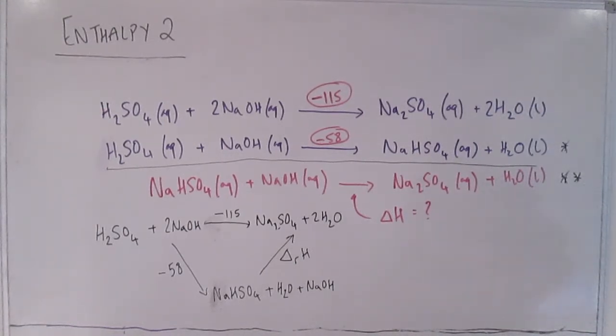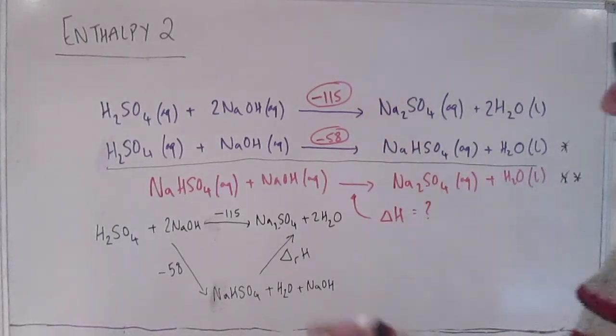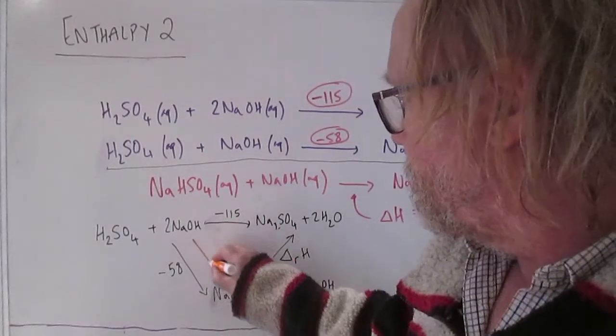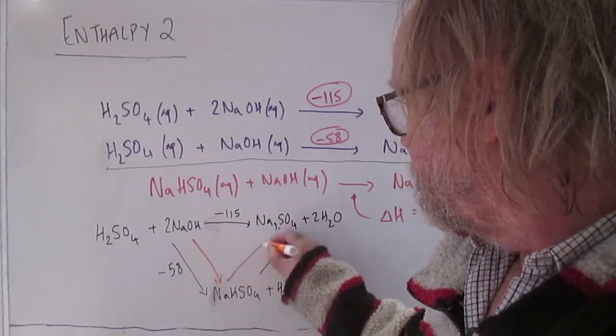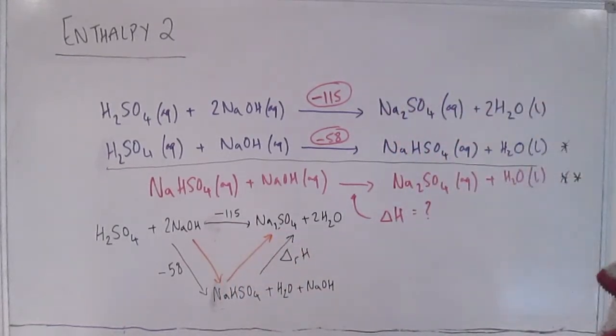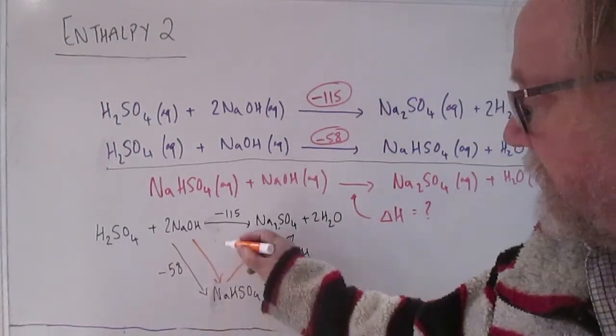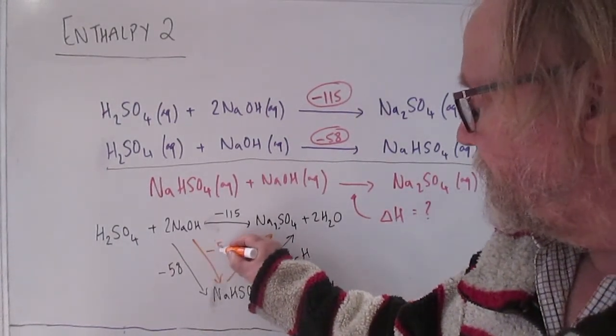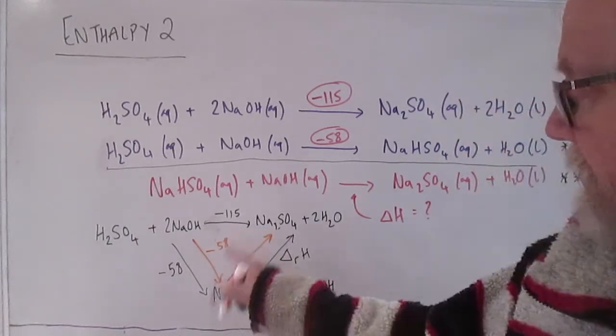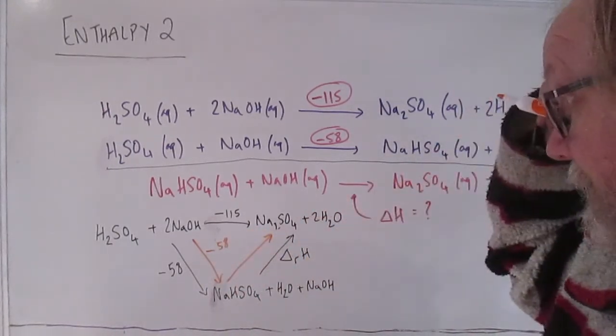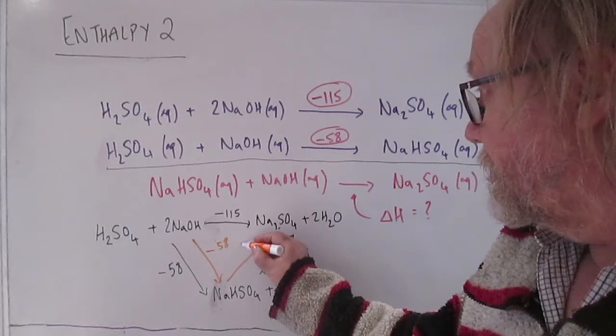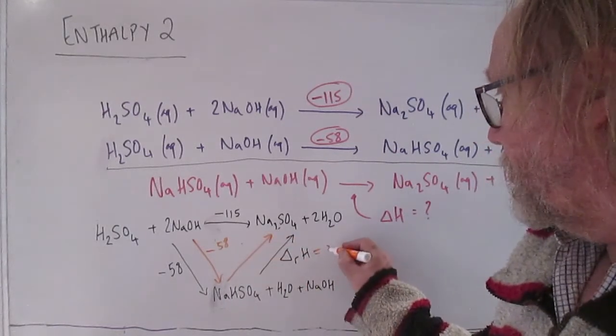So we could do this in various ways, but let's just stick to the method that we've used all the way through, which is to say, right, if this is our reaction across the top, we can break it down into two legs like that. First leg is the same as that one, so that's minus 58. Second leg is the same as this one, so let's call that x.